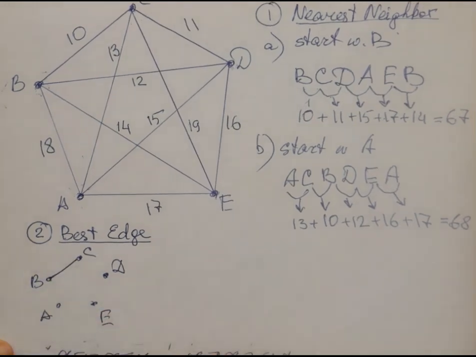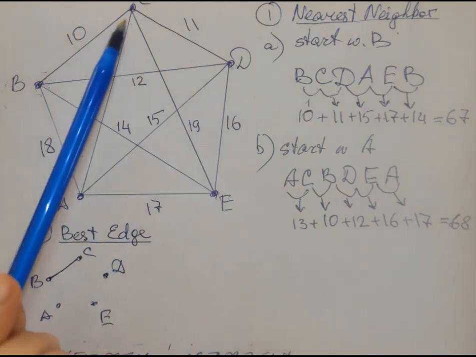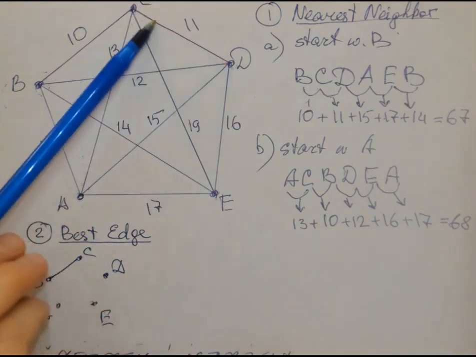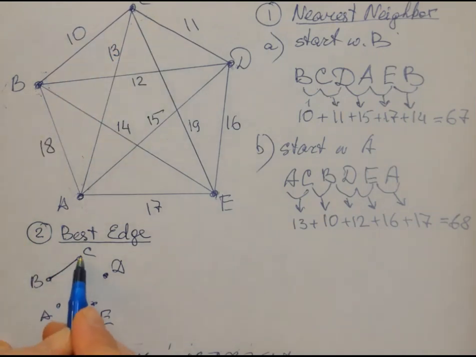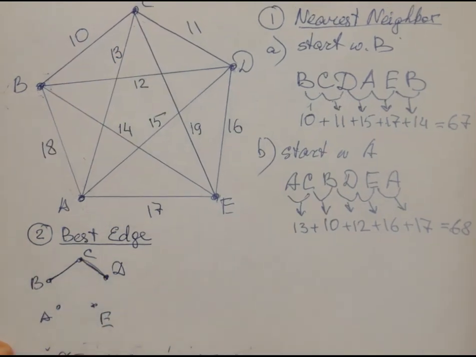The second edge must not be connected with this first one. It can be any edge outside. So in the other part of the graph, it can be BE or AE, doesn't matter. So we just take the best one. Occasionally the second best is CD, so it continues our circuit, but it could be any other edge.